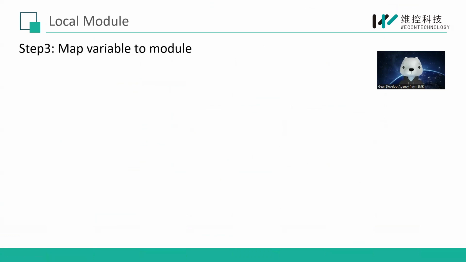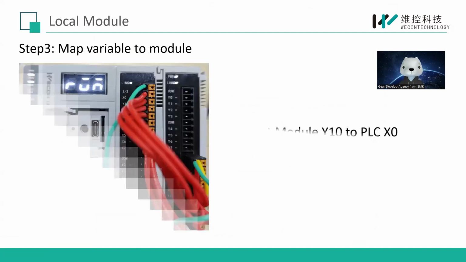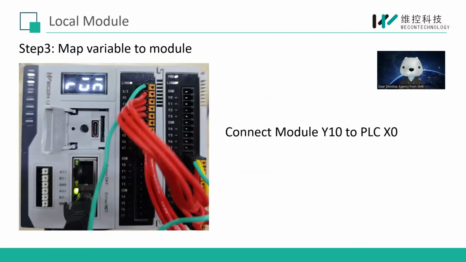So after we add our modules, we need to map variables to our modules, because after the mapping we can control the value and control our I/O status. In this picture, I connect the output of the expansion module to the local I/O input side.